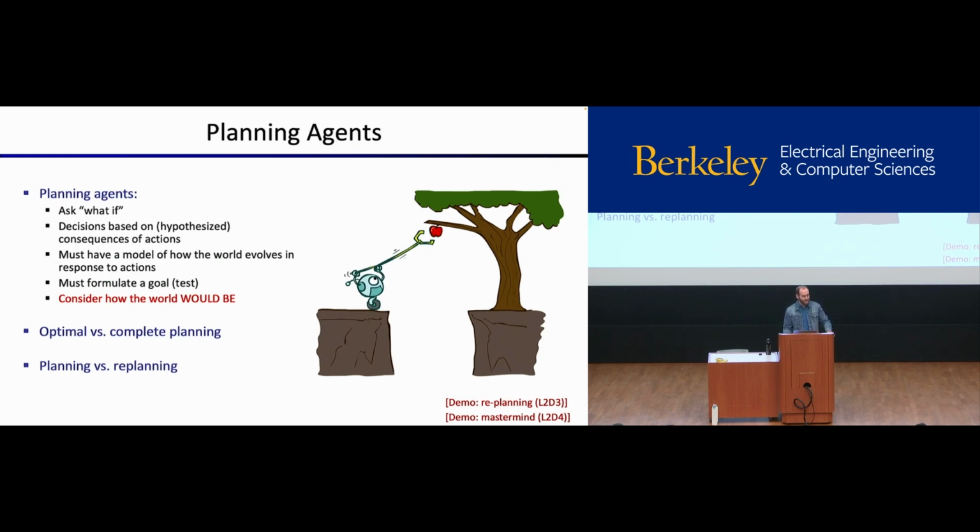And it must have some way of deciding whether some possible future meets a goal. That's the goal test that it has to formulate. So it has to consider how the world would be. And we're going to talk later about a few distinctions in planning, which are optimal planning, complete planning, and planning versus replanning.